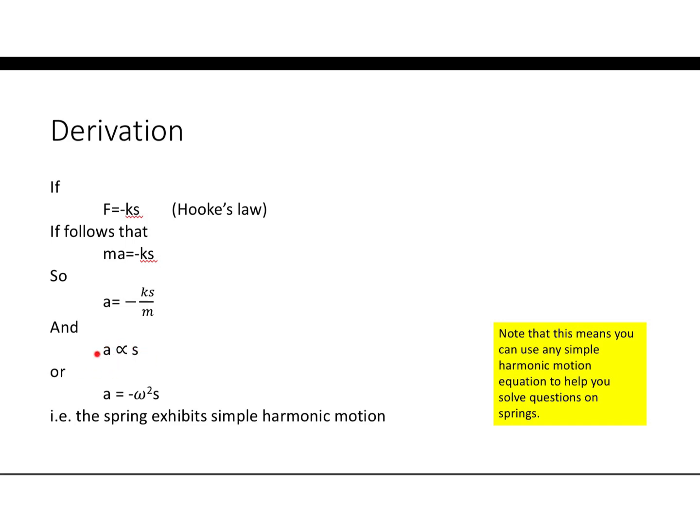This next part is a little bit of a stretch, but you don't need to be able to do the in-between part. A is then equal to minus w squared, or angular velocity squared, times s. So this all goes to show that if it follows Hooke's law, then it also obeys simple harmonic motion. So for any spring that's oscillating about a fixed point, it's fair game to use any of our simple harmonic motion formulae here.